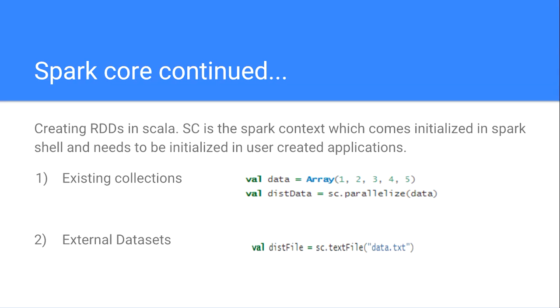In the first example here I have shown how to create an RDD from an existing collection. We have an array of 5 numbers, so we can use the parallelize method and create an RDD. Here sc stands for Spark Context.